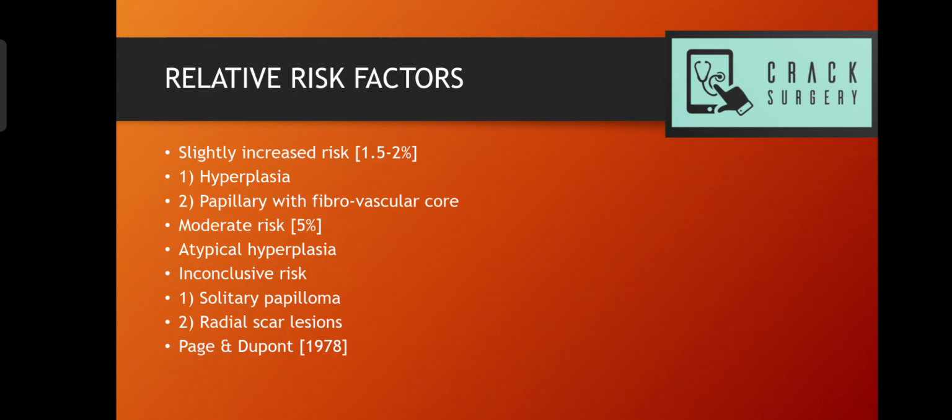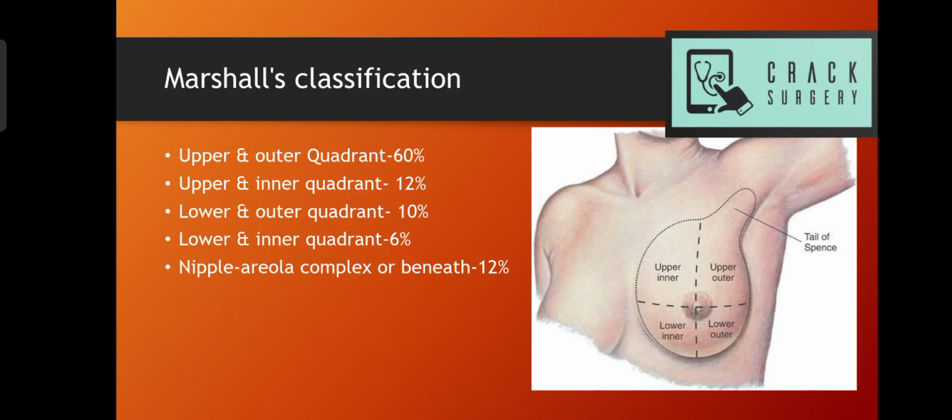Moderate risk up to 5% is seen in atypical hyperplasia. Inconclusive risk is seen in solitary papilloma and radial scar. There is a Mercer classification. The upper outer quadrant is more affected than other quadrants because it has the maximum breast tissue.